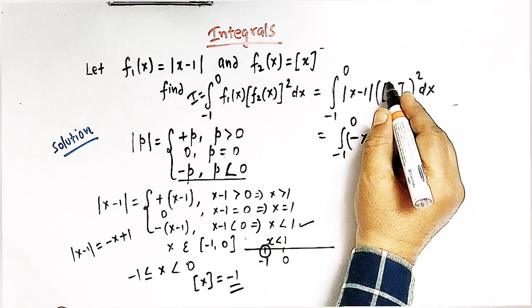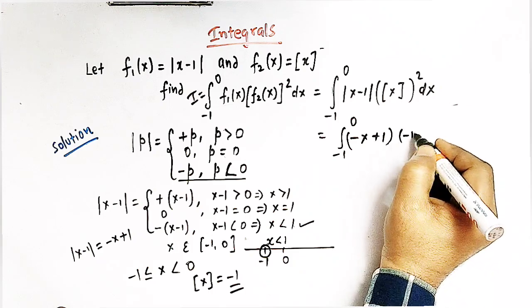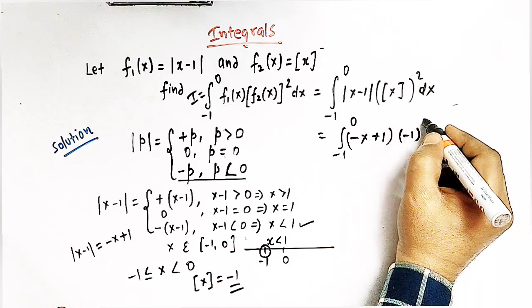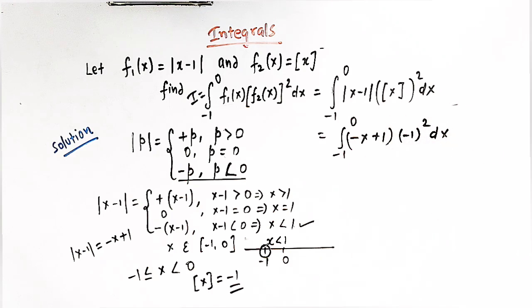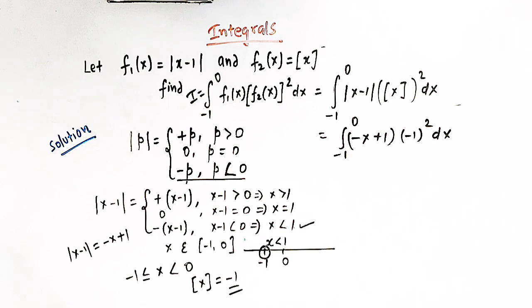So here we'll replace greatest integer of x by minus 1, so we have minus 1 squared and dx. So here we have used the definition of greatest integer function when x is greater than or equal to -1 but less than 0, then the greatest integer of x is equal to -1.